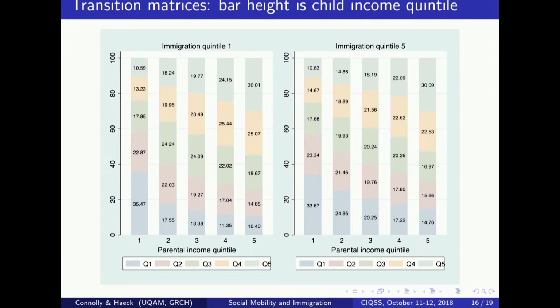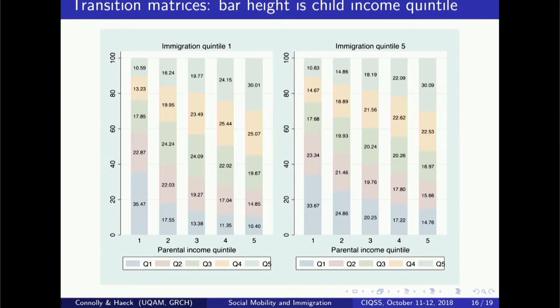Now here the x-axis is the quintile of parental income. So 1 is the ones at the bottom of the distribution, the poorer, and 5 is the top. And the height of the colored bar and the number show the conditional probability of being yourself, as an adult child, in the bottom quintile, 2nd, 3rd, 4th, and 5th. Okay?